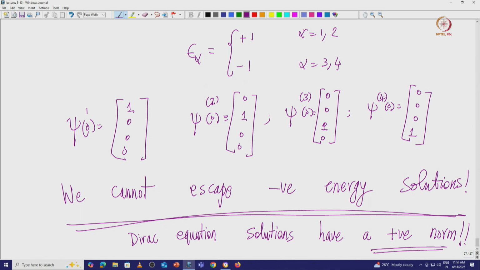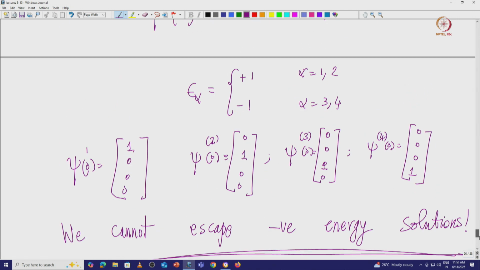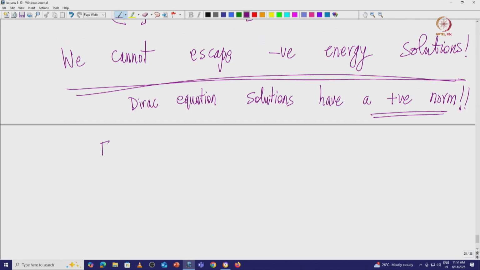Such a positive norm is not possible in the Klein-Gordon equation, so this distinguishes the Dirac equation from the Klein-Gordon equation. Even with a positive norm, you can derive the continuity equation and so on.